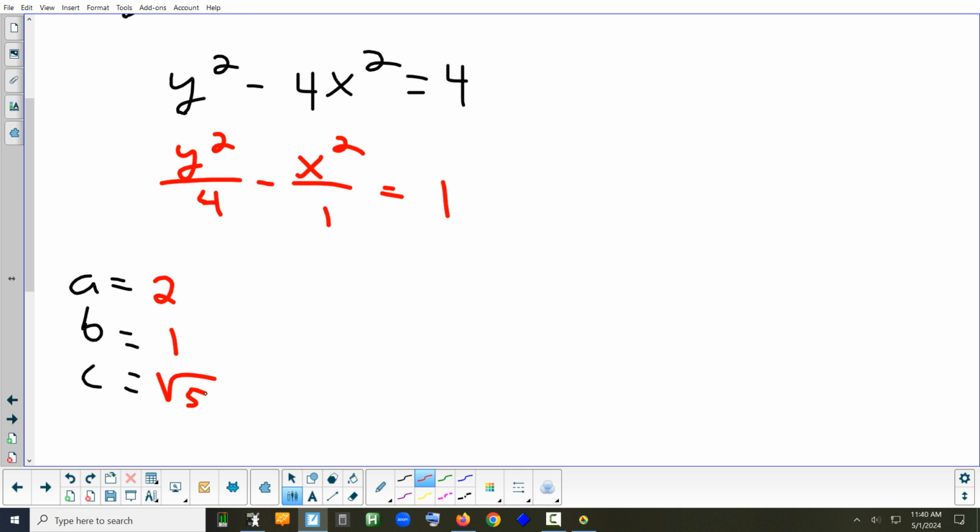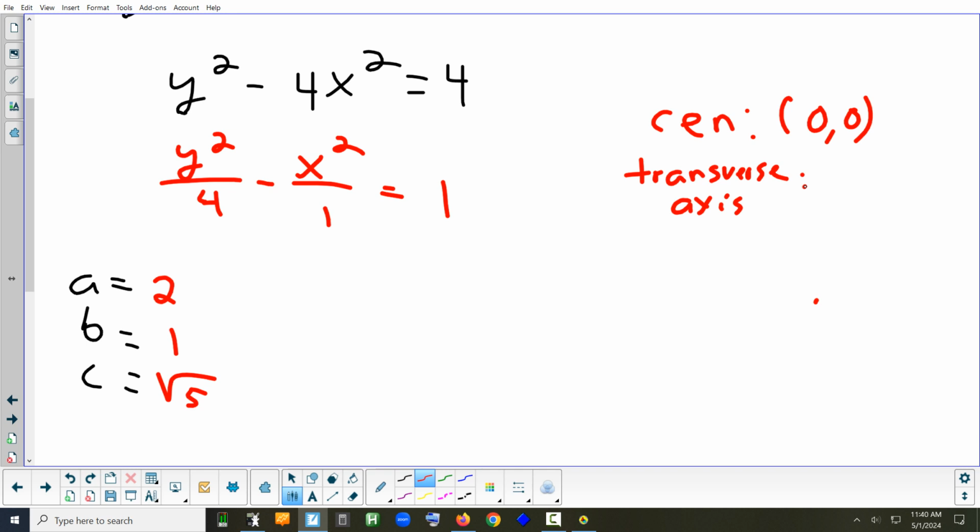All right, what's the first thing you should write down? Center. Yeah, if you can't figure out the center, you're not going to be able to figure out anything. You have to know where you're starting from. 0, 0. Okay, next thing, vertices. We need something before we do that: we have to know which way to go, up, down, or left, right. So we need our transverse axis.